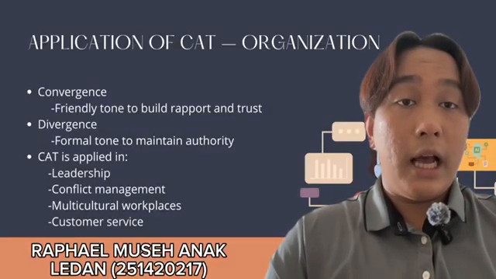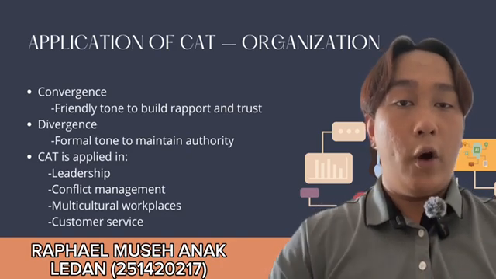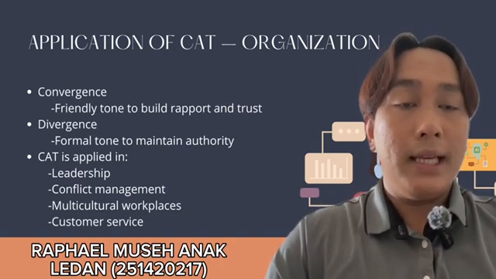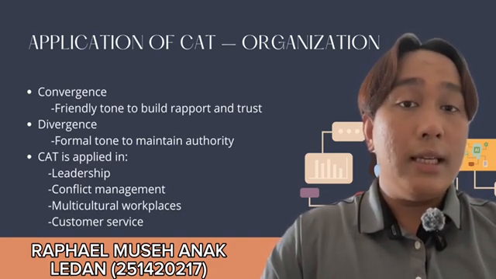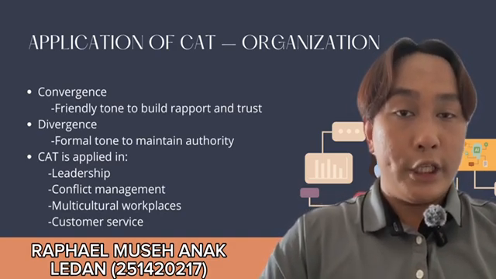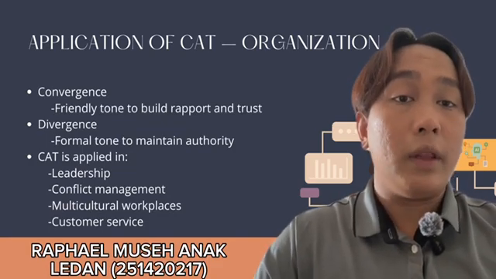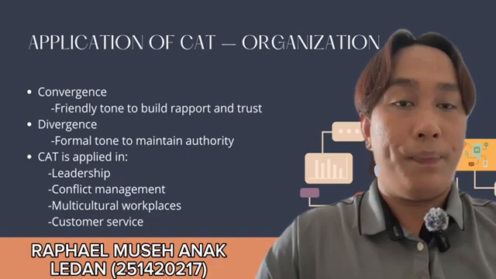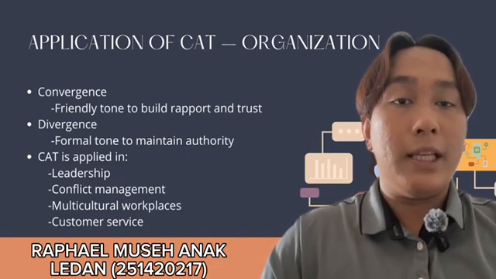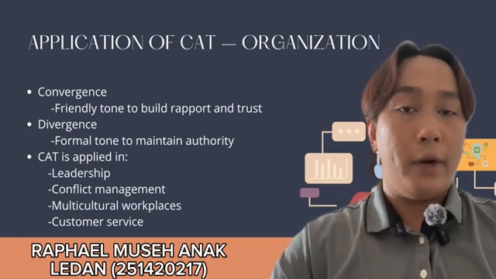This slide explains the application of communication accommodation theory in organizations. In the workplace, CAT shows how employees adjust their communication style to build effective relationships. The first concept is convergence, where a friendly and supportive tone is used to build rapport and trust. For example, a manager may speak in a relaxed way to encourage teamwork and cooperation.